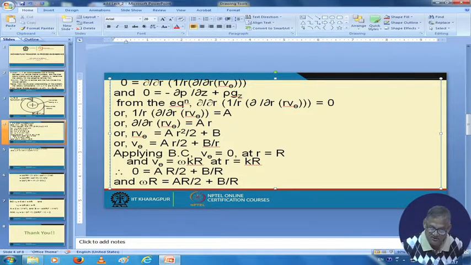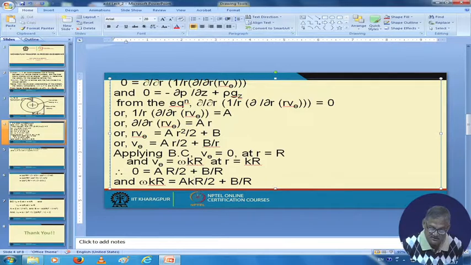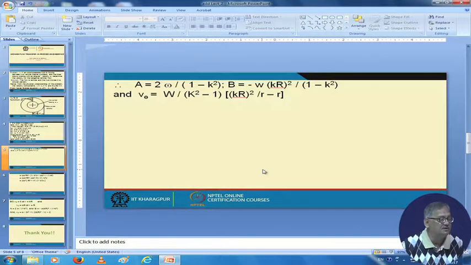Second case, we have written omega K R. Omega K R is equal to A K R by 2 plus B by K R, right. So we have done this one correct.